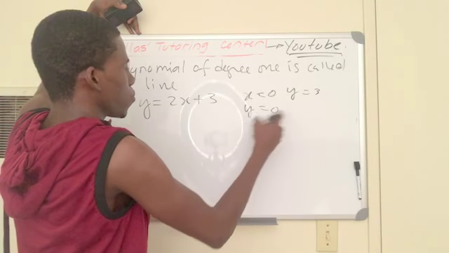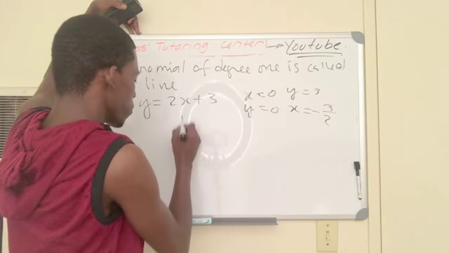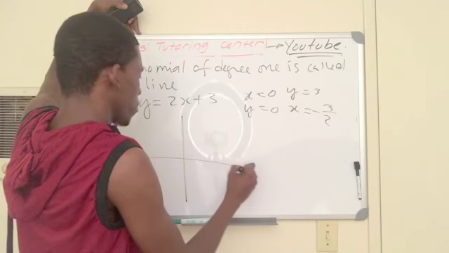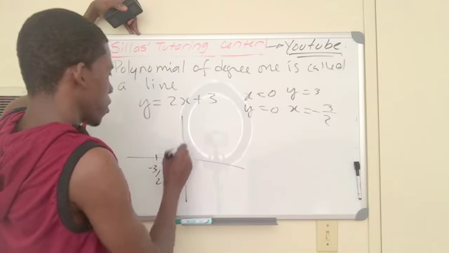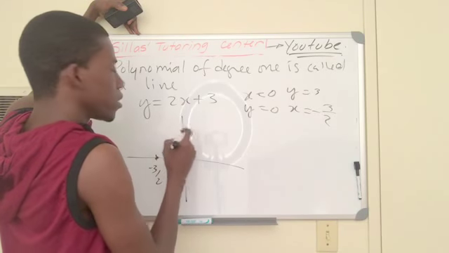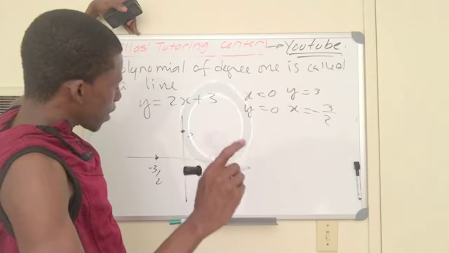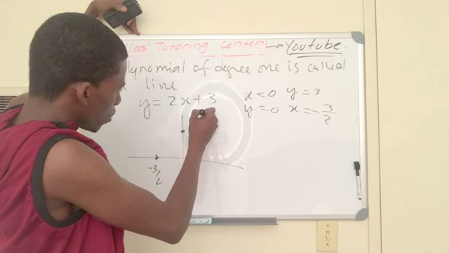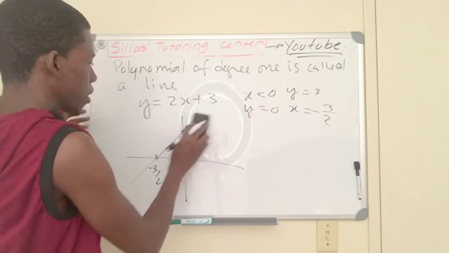When y equals 0, x equals negative 3 halves. So for this line, x is negative 3 halves and y is 3. To draw a line, you only need 2 points. That's all you need to draw a line, 2 points.